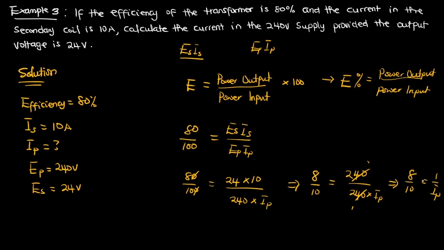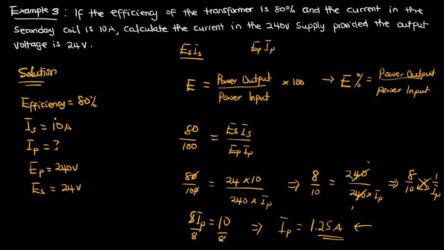So we cross multiply, and it becomes 8 IP is equal to 10. We divide both sides by 8, so therefore our IP will be equal to 10 divided by 8, which gives us 1.25 amperes as my answer, right?